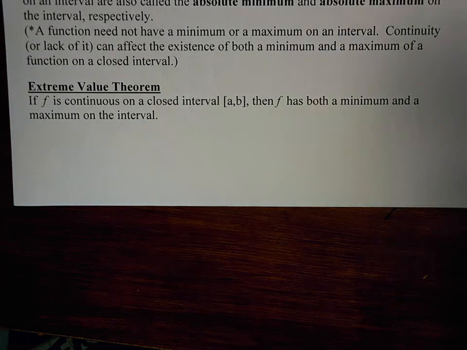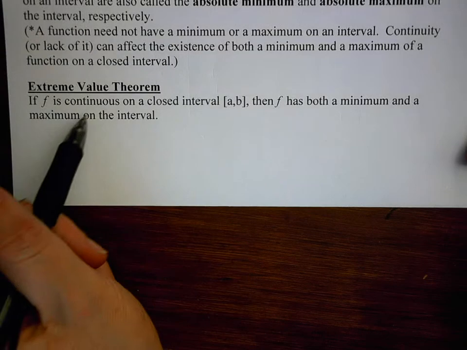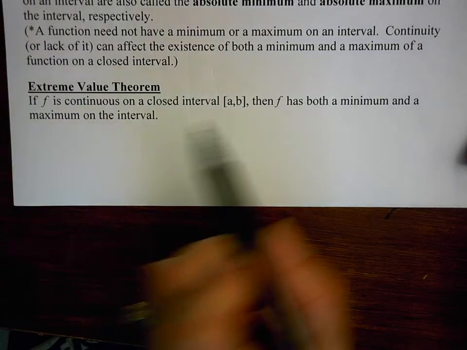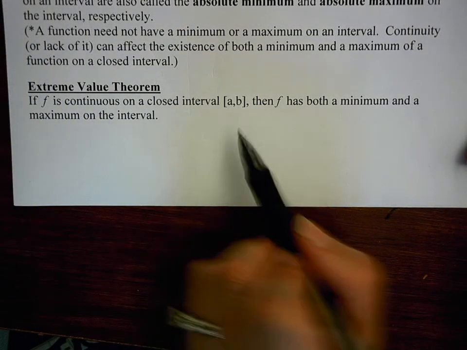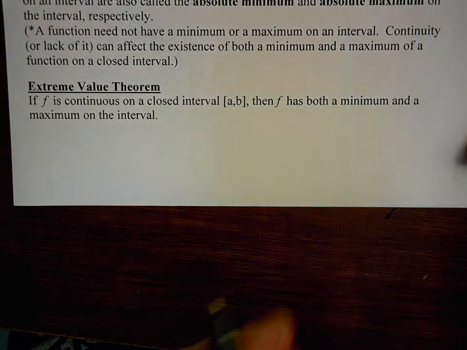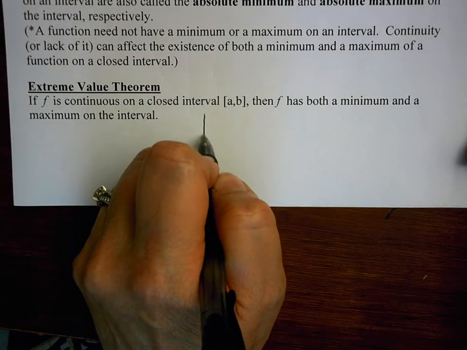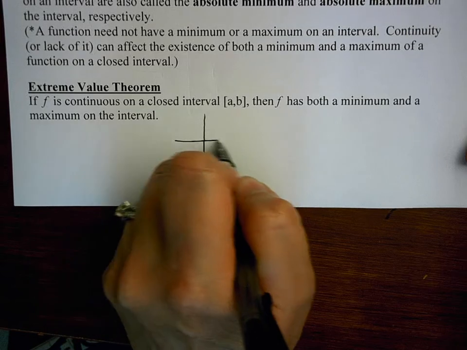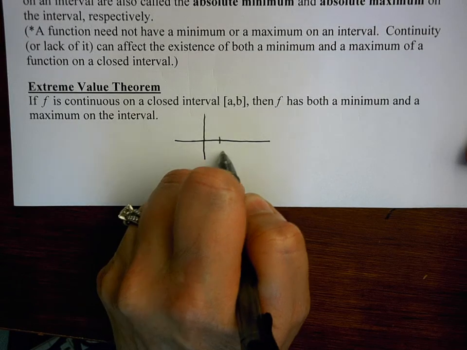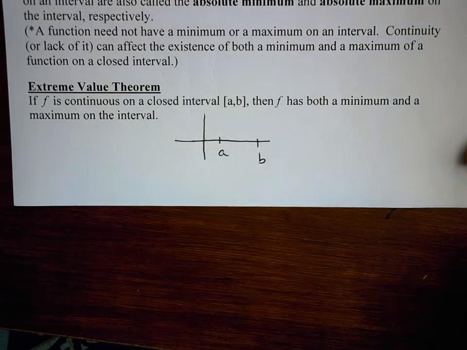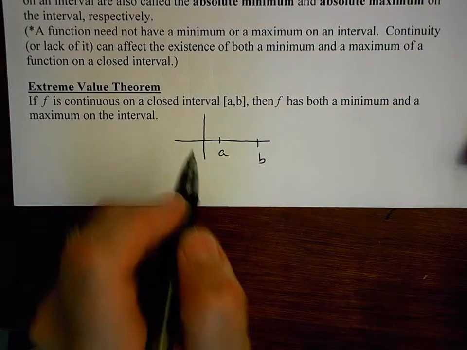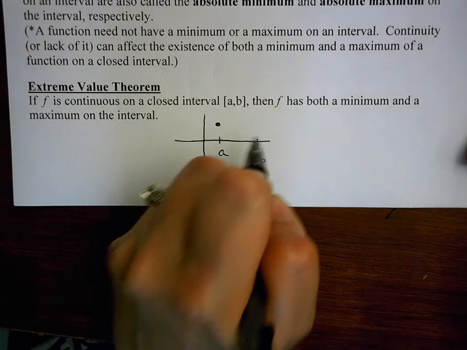Okay, so it has to be continuous, right? And it has to be a closed interval for this to be true. So just situations in general of what we're thinking about: if we just go from A to B here, a little picture to give you an idea, I put a dot here and a dot here.